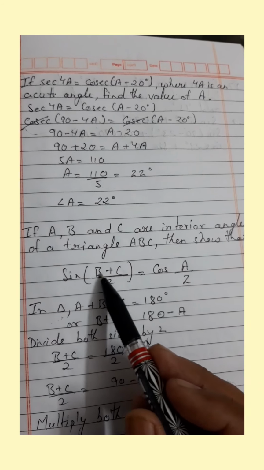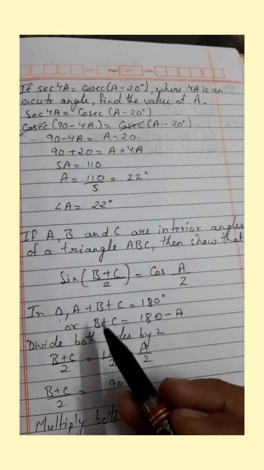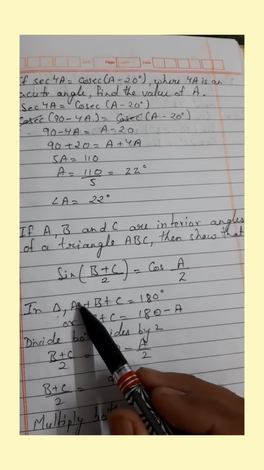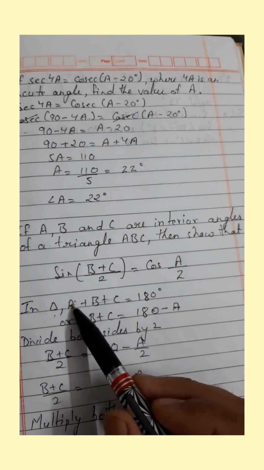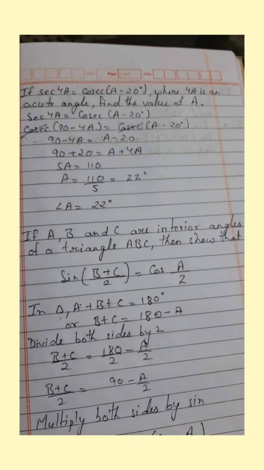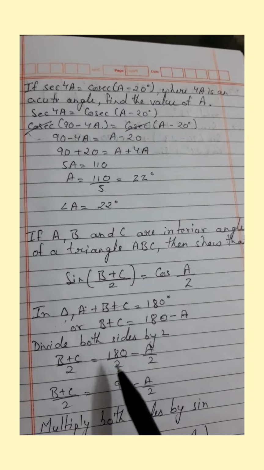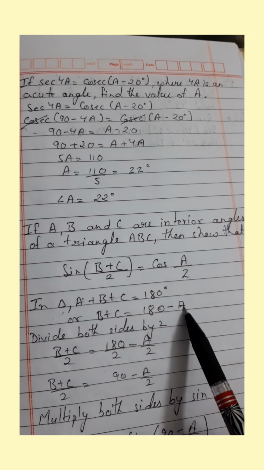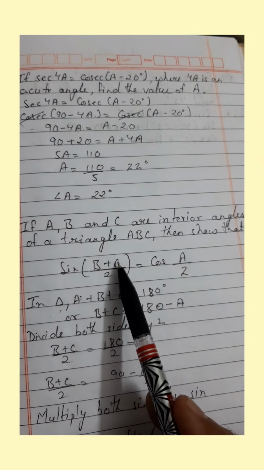Right? Because we need B plus C on one side, so we will not disturb these two terms and we will change the side of angle A. Here it is in plus. When we change its side, it goes in minus. Right? So it means after changing the side of angle A, we are having B plus C equals 180 minus A. Now we are having B plus C on this side. We need upon 2.